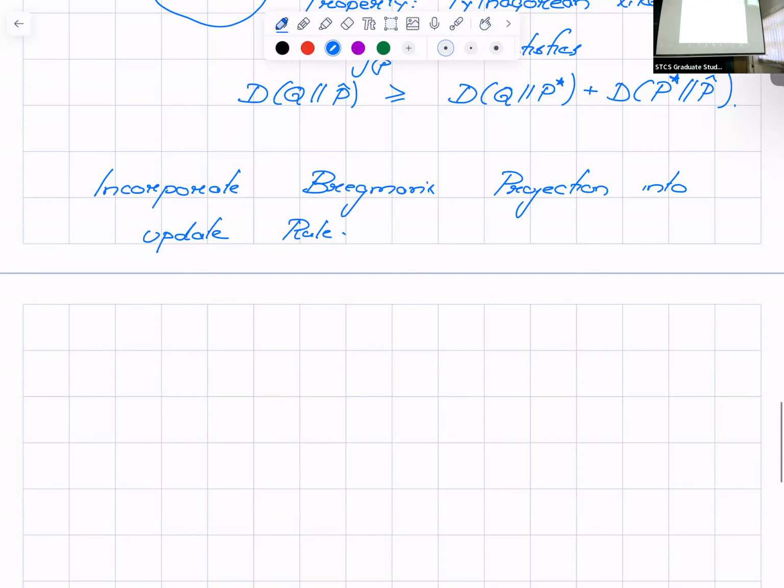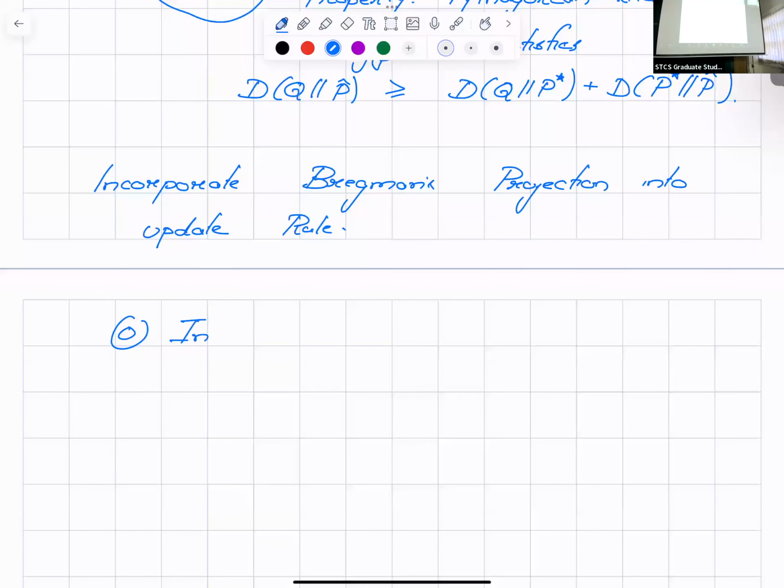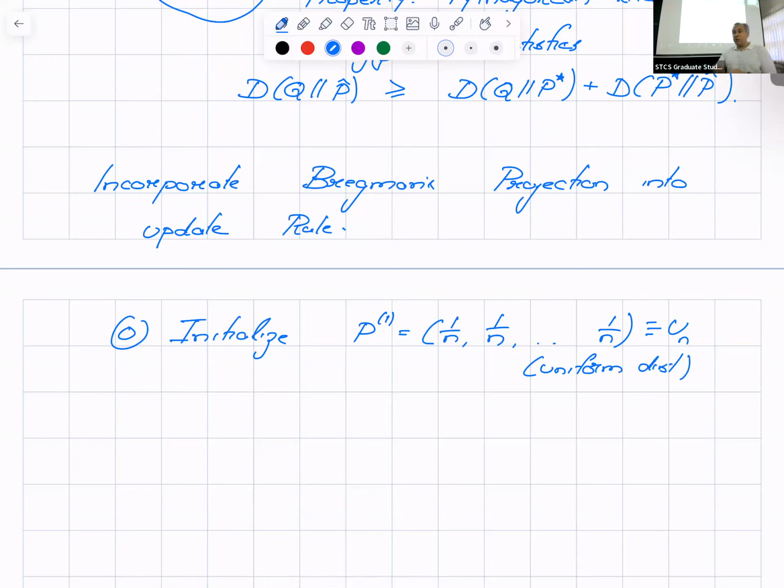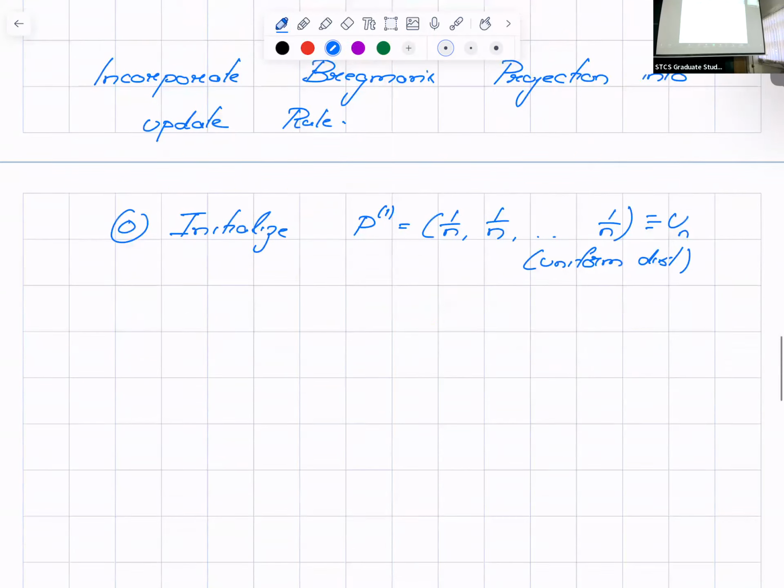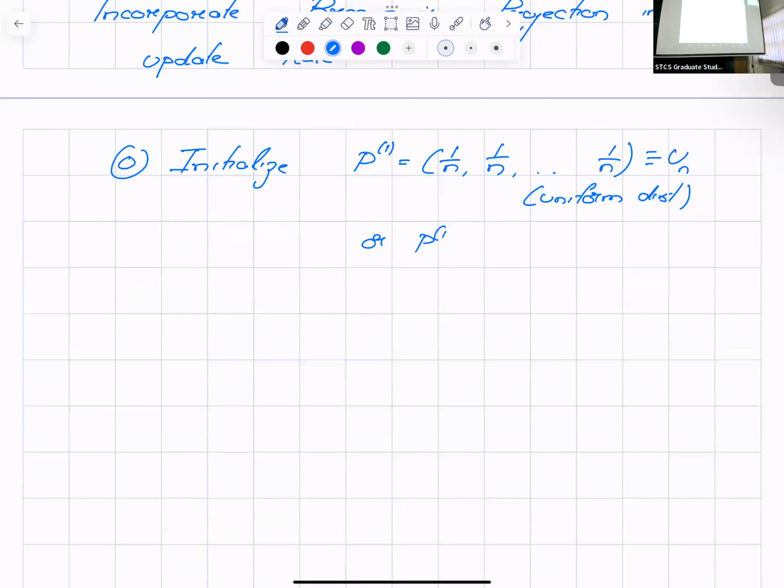As before, you initialize the starting probability distribution to be the all uniform distribution, P_1 equal to U_N, the uniform distribution. Sometimes this might not be the case. If that's not the case, you initialize it with some P_1 in the set P. That is, the uniform distribution might not be a distribution you can work with, so you start off with some P_1.